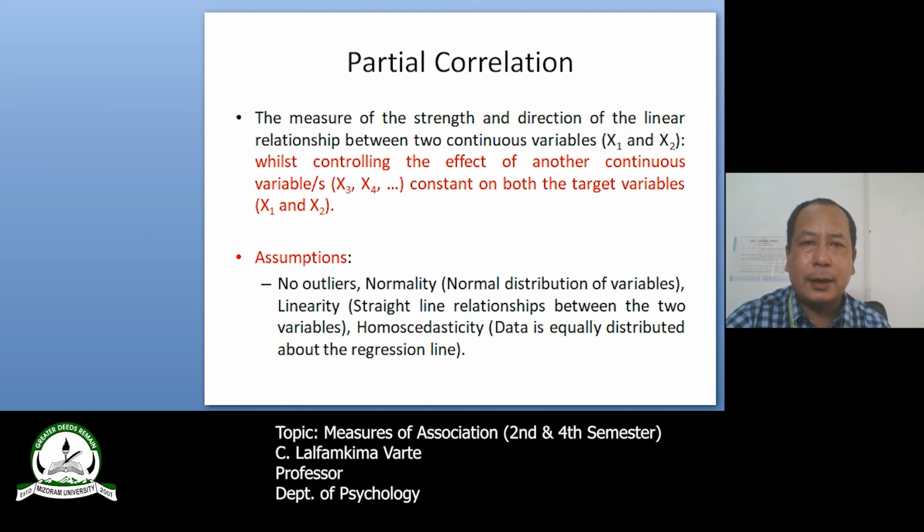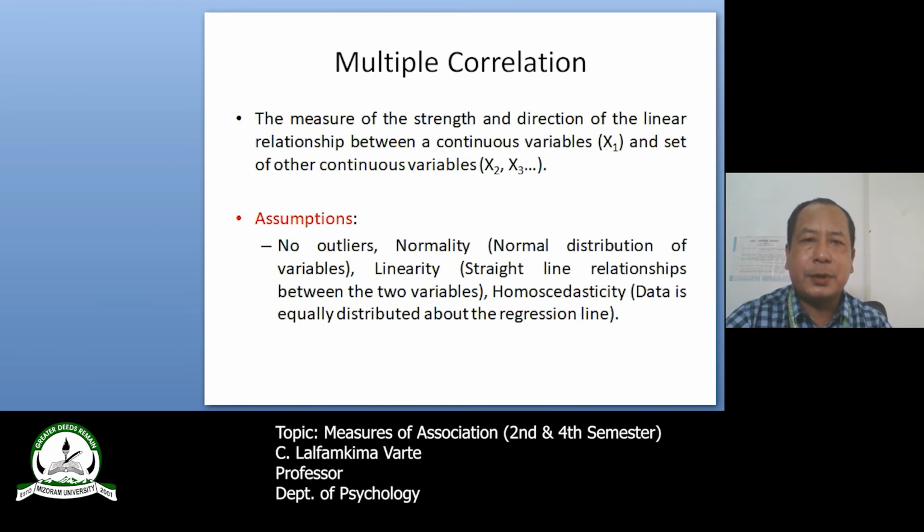This enables exploration of many of the possible associations between the variables. The assumptions underlying partial correlation, like the part or semi-partial correlation, are more or less similar to those of the Pearson product moment coefficient of correlation for all the variables and their relations: no outliers, normality, linearity, and homoscedasticity.